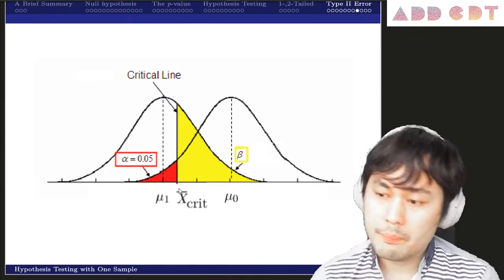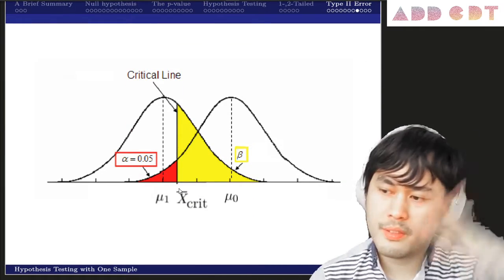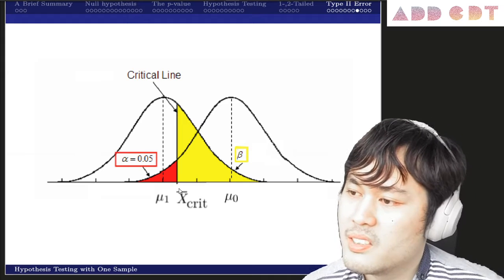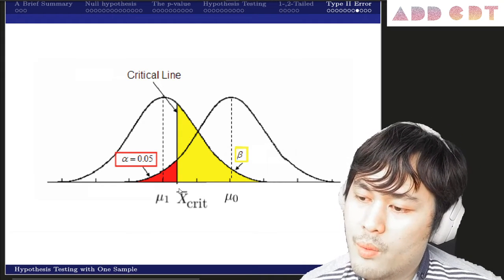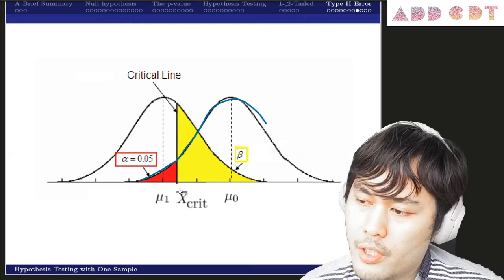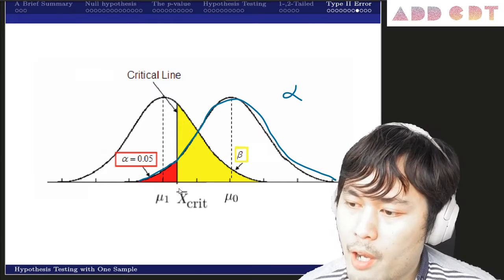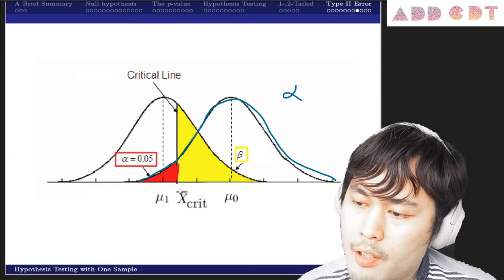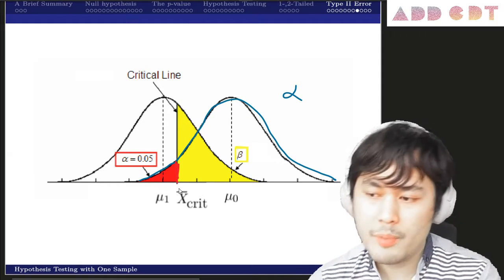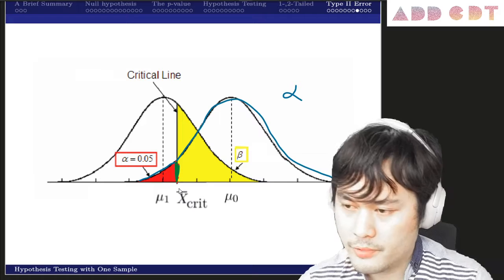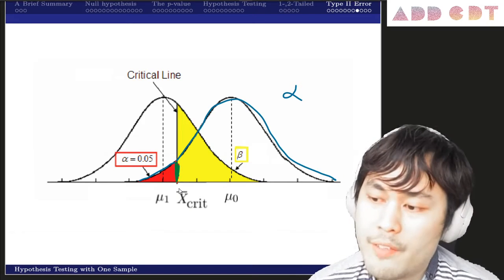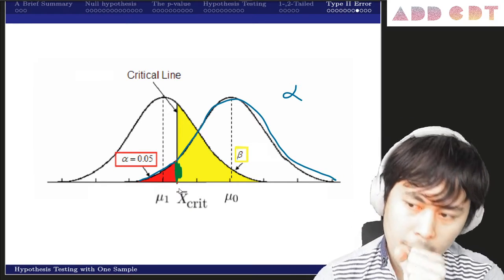Okay, that's the same image as before, just maybe better. This is our original assumption. From that and from alpha, we can set up the critical value. I'm just repeating what I said before, but in this image, we have that value here.